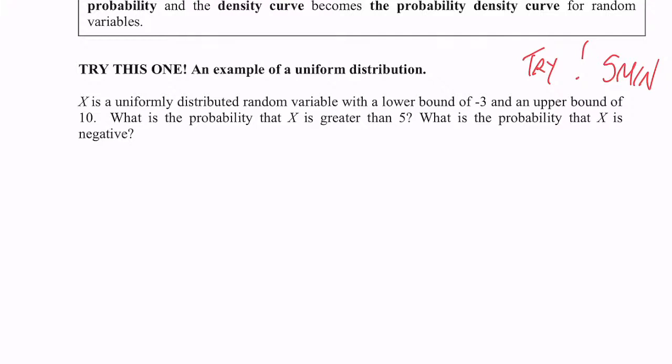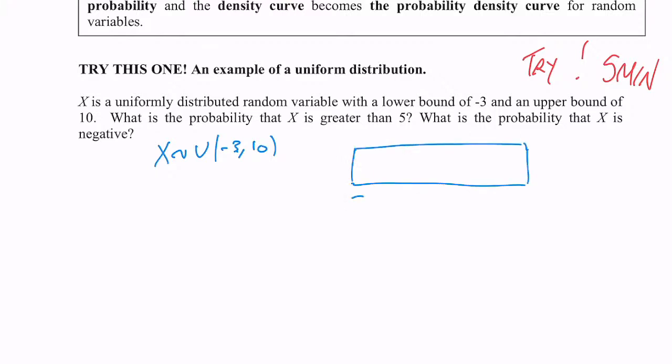All right, so you're told x is uniform between -3 and 10. So that helps me draw it. It's going to be a box between -3 and 10. And now what is the probability that x is greater than 5?